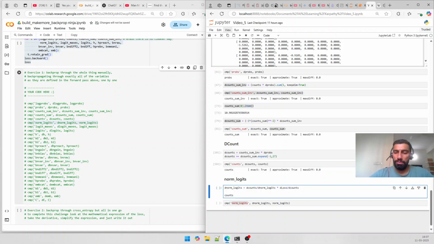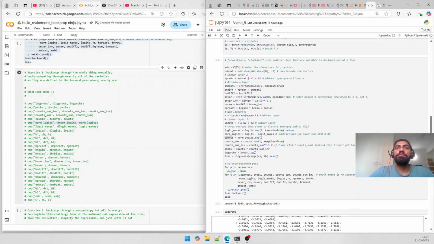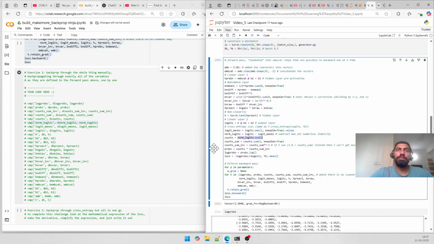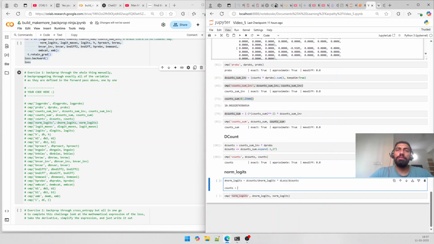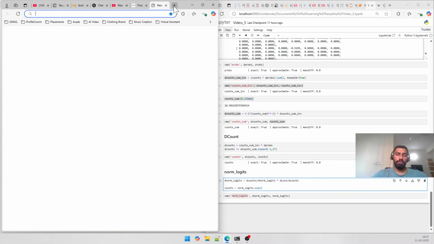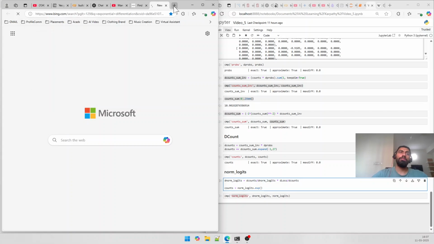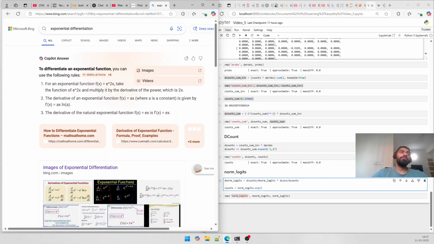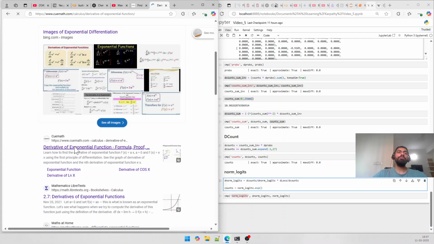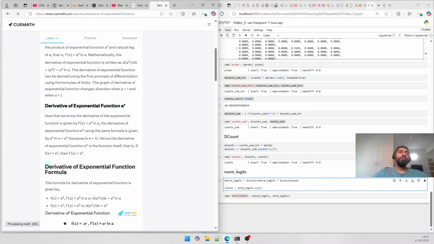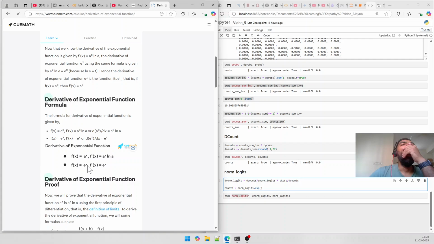Counts is equal to e to the power x. The derivative of e to the power x by x, I think it is, e to the power x is e to the power x itself.